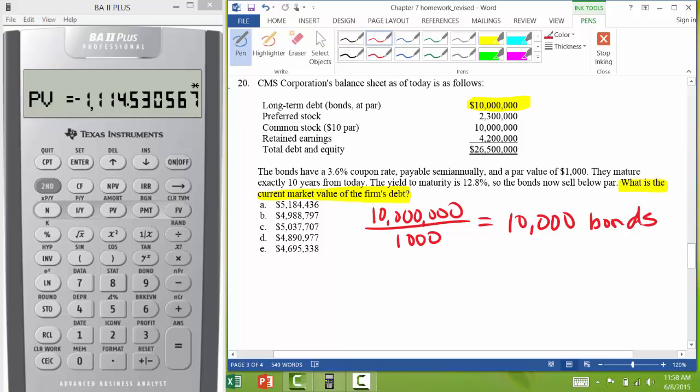So I need this, and then I can solve for what the market value of the bonds are. So I need the present value, the future value, the interest rate, and the payment.